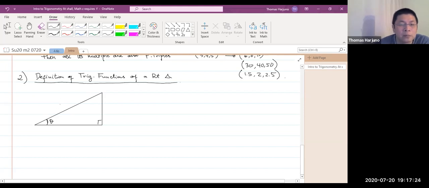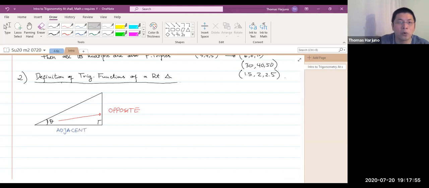The side opposite to angle theta is called the opposite side. The leg adjacent to that angle but not the hypotenuse is called adjacent. And just like before, this is the hypotenuse.